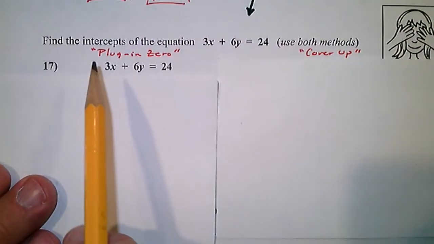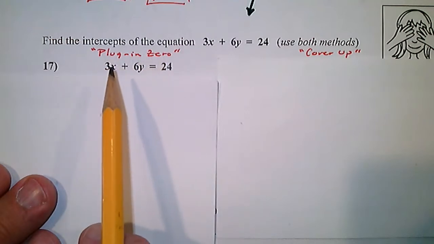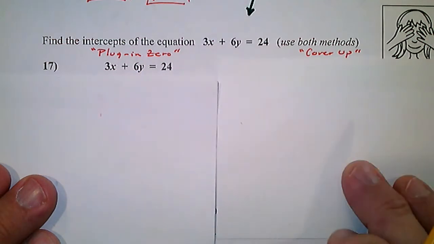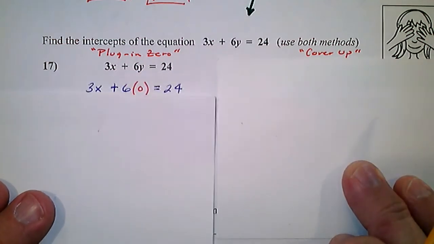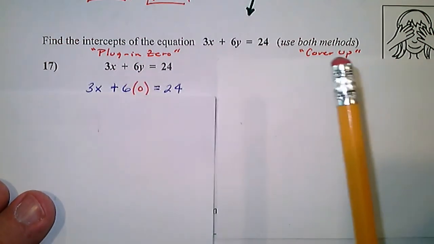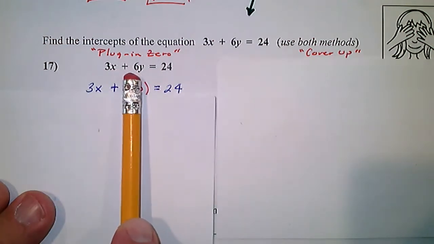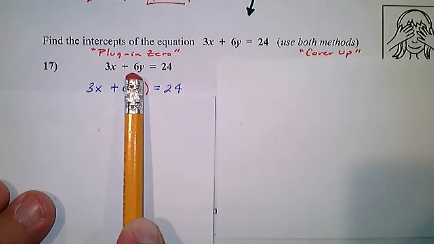Okay, so if I want to do plug-in zeros and find my x-intercept, so I want the x to be there, I want to put a 0 in for my y, right? And it's kind of like doing the cover-up, right? Because 6 times 0 becomes nothing. It becomes 0. It gets covered up.